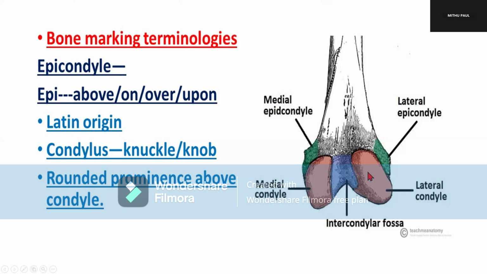So you can see this is the lower end of the femur having the two condyles and two bony elevations above the condyles. They are known as the epicondyles. Location-wise, one is above the medial condyle, so it is the medial epicondyle. One is above the lateral condyle, so it is the lateral epicondyle.